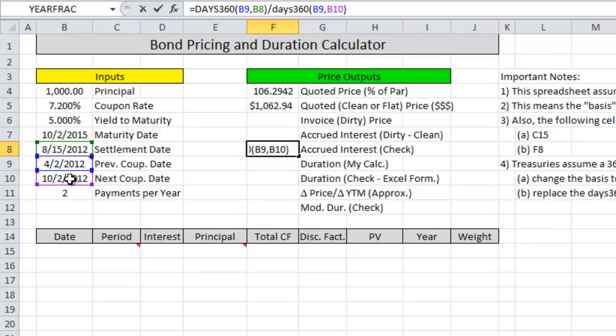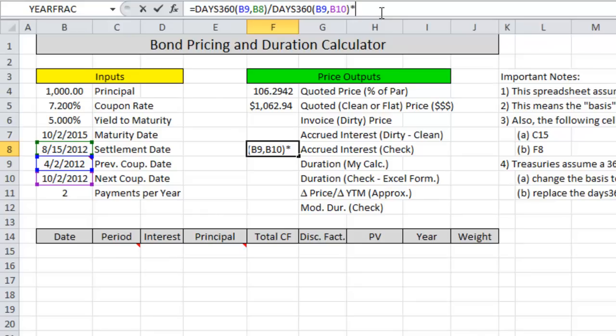We want to see what percentage of that the person that's selling us the bond has been holding the bond. It turns out that the person has been holding this bond for 74% of this current coupon period. So the person selling us the bond believes that of the $36 we will receive at that first coupon payment, he or she is deserving of 74% of that.